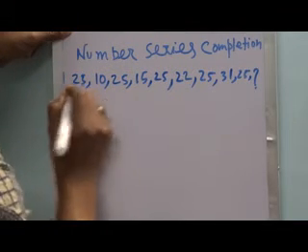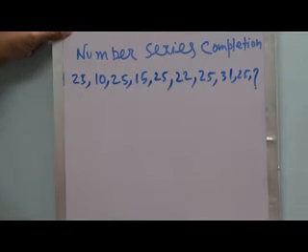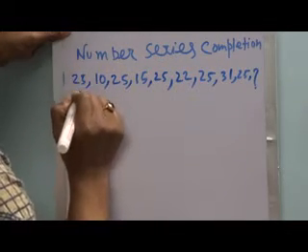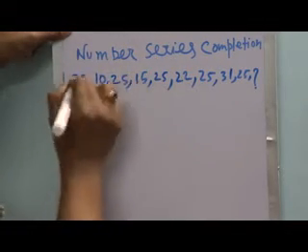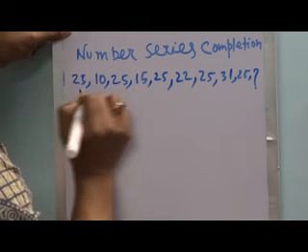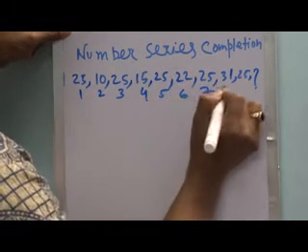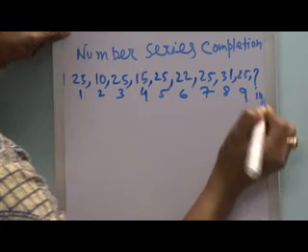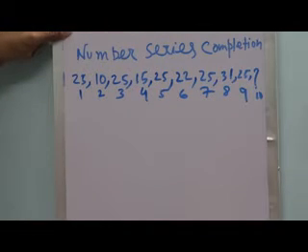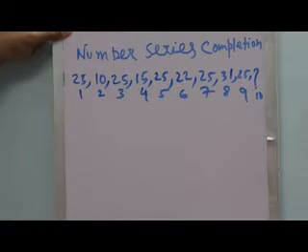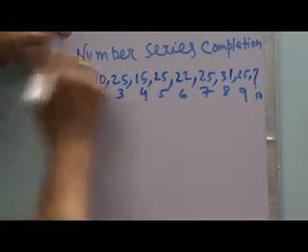We can see if we move from top left hand side to top right hand side, and if we denote each position as 1, 2, 3, 4, 5, 6, 7, 8, 9 and 10, what we get? Every odd position is the same number.